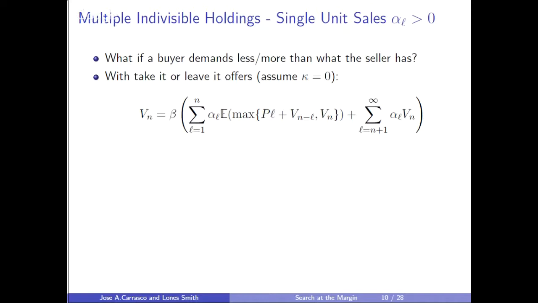Otherwise, I keep it. But if the demand exceeds my position, say I have 10 and the buyer wants 20, and he offers me a take-it-or-leave-it offer, I just can't fill his demand. So I sell nothing and I keep my position. I keep my value. So that's one thing that can happen.